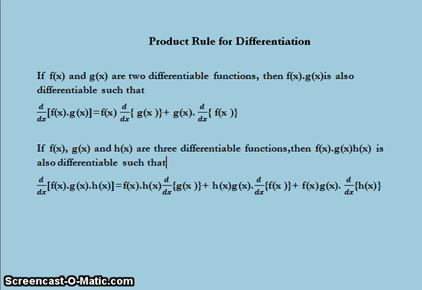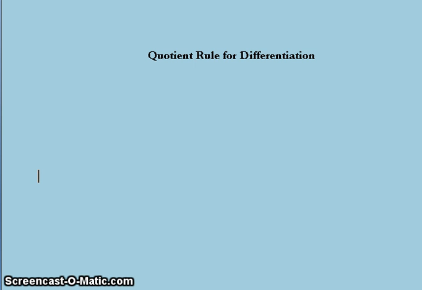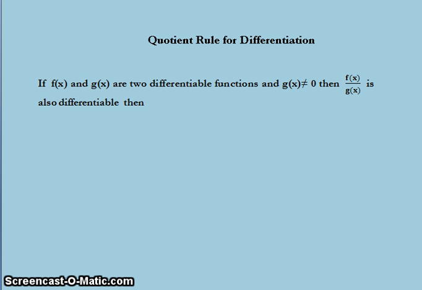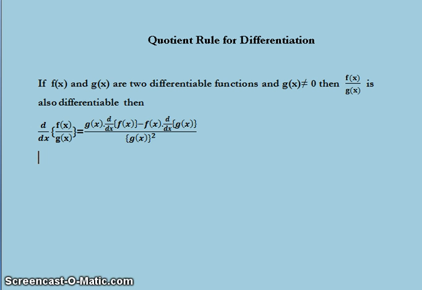Next we come to the quotient rule for differentiation. Here, if two functions f(x) and g(x) are differentiable at x and we have a function equal to f(x) divided by g(x) such that g(x) is not equal to 0, then the derivative of f(x) by g(x) with respect to x is equal to g(x) into differentiation of f(x) with respect to x minus f(x) into differentiation of g(x) with respect to x, whole divided by the square of g(x), provided that g(x) is not equal to 0.